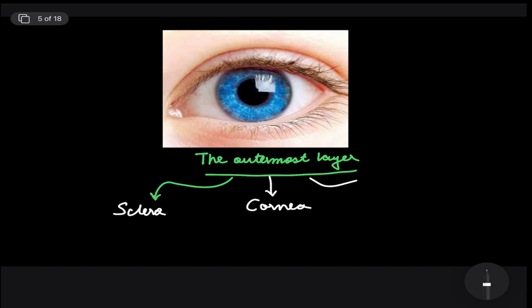And third, the limbus. Now obviously we will be dealing with each of these structures, sclera, cornea, limbus, in a lot more detail in subsequent videos, but in this video we are just jotting them down. We are just trying to understand what they are on a very broad basis, and just laying down the foundation for future understanding. So you can see that we can see a white portion over here, right?